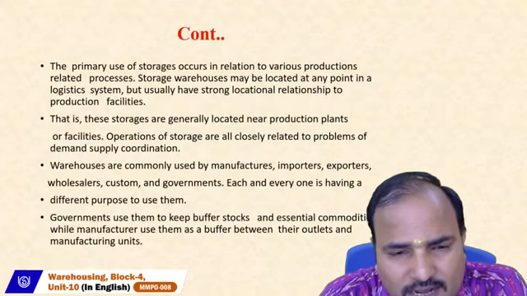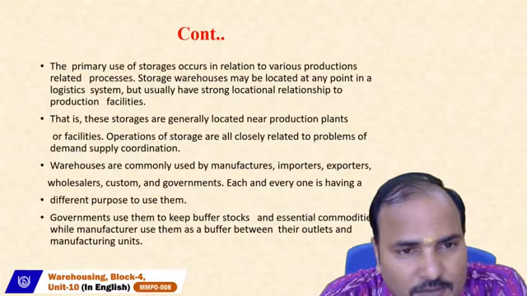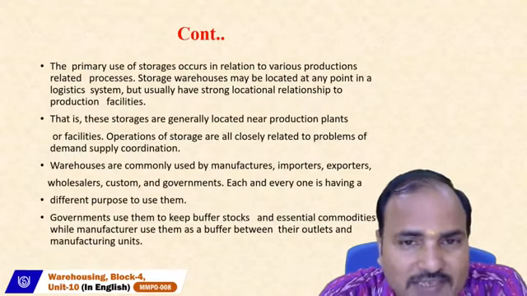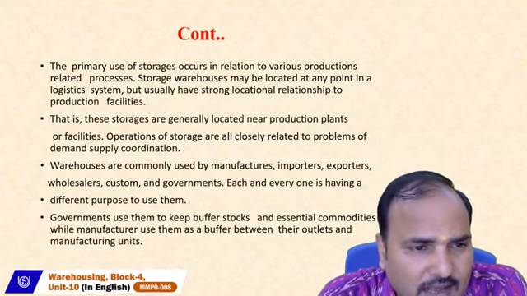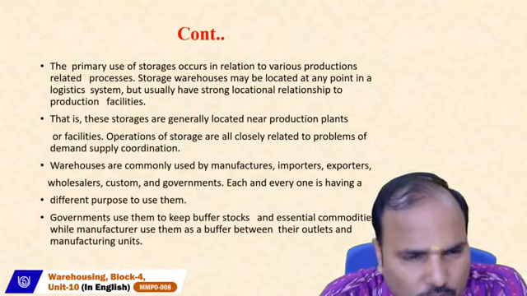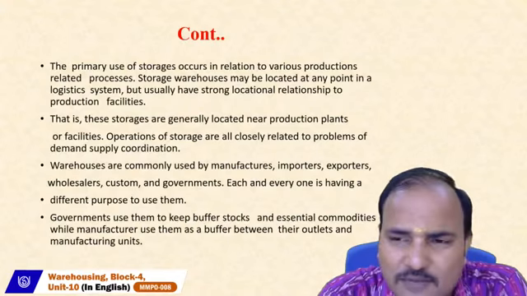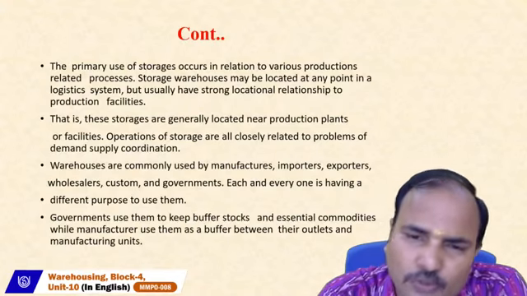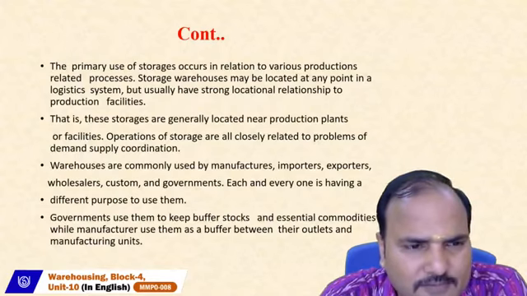Storage warehouses may be located at any point in a logistics system, but usually they have a strong locational relationship to the production facilities. These storages are generally located near the production plants or the production facilities. Operation of the storage is closely related to the problems of demand supply coordination.